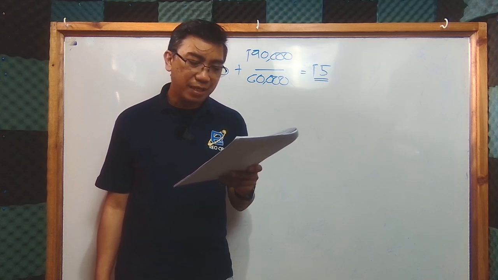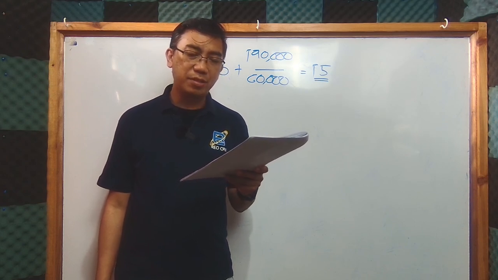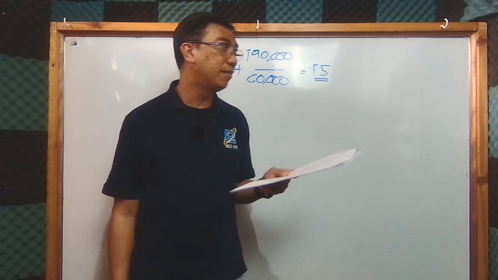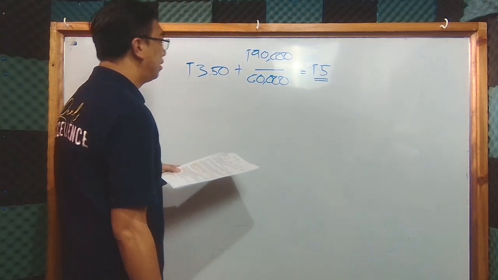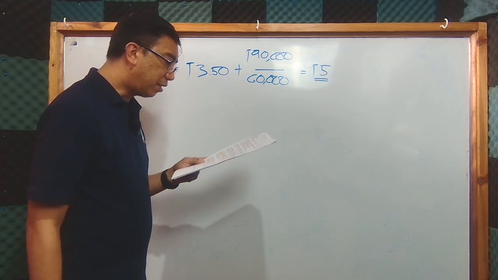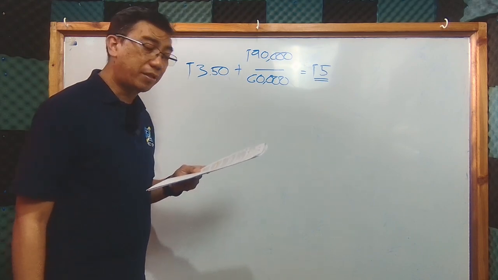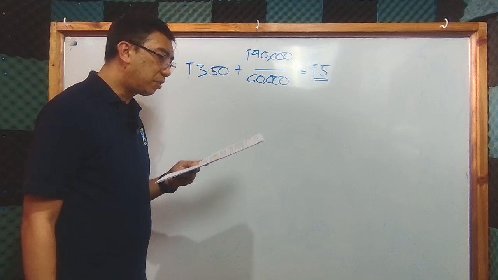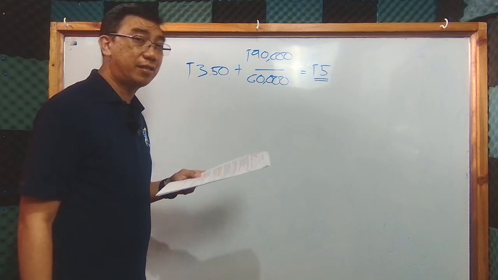So, in our problem earlier, we need to get our unit cost. How much really is the unit cost of this? Okay, so let's go over the original production cost. The joint cost is 300,000.